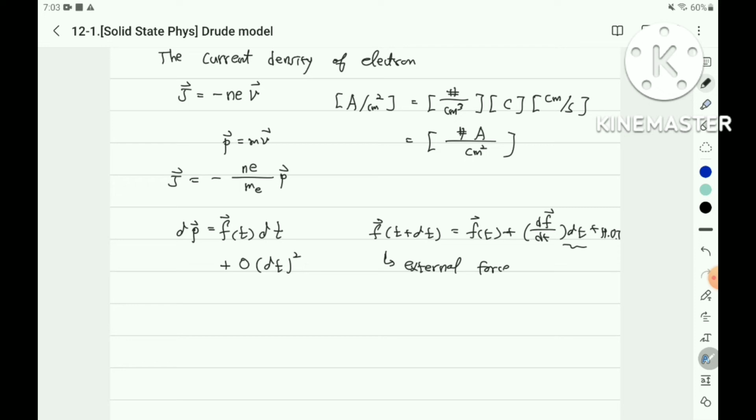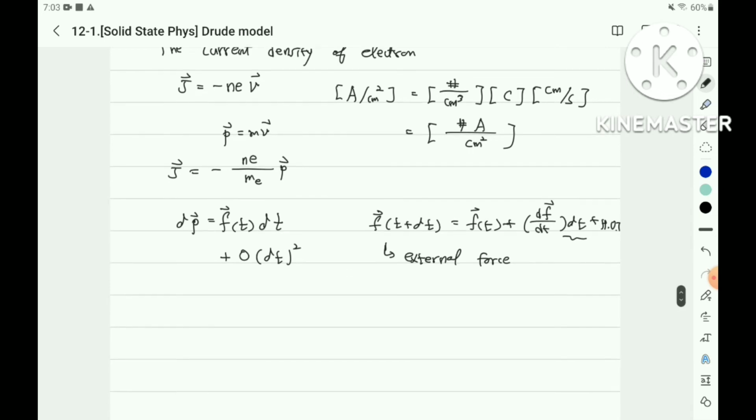like electromagnetic force. Then from the assumption, the probability of the collision is proportional to 1 over tau. It is the relaxation and collision rate, which we call the scattering rate.